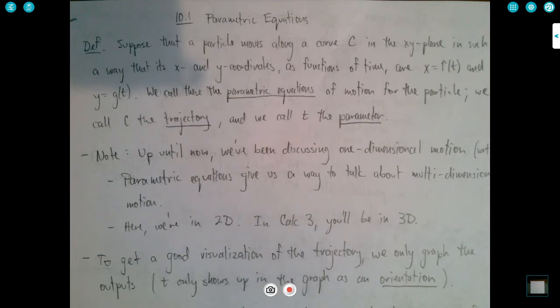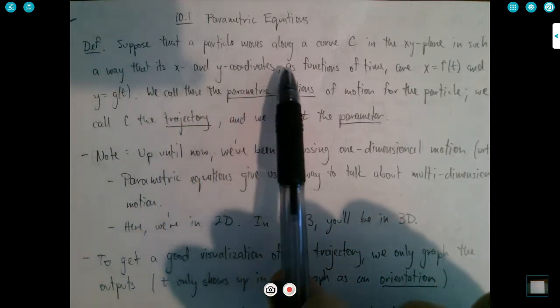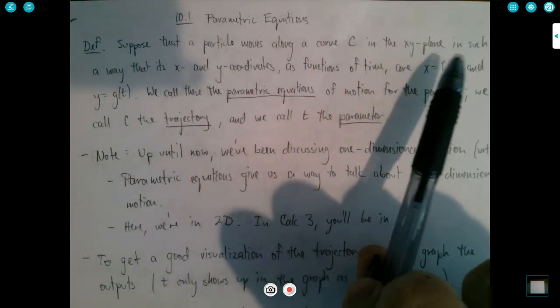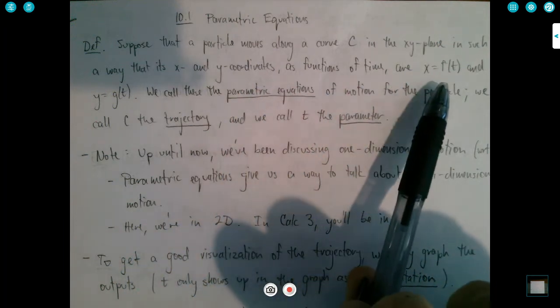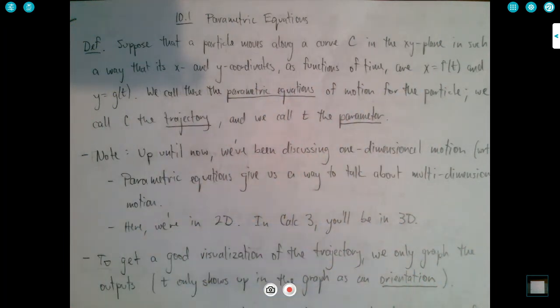But obviously, we live in a world where things move in 3 dimensions, right? And so we'd like to have a way to deal with that kind of situation, and the way that we deal with it is we use what are called parametric equations. So the idea is this. Suppose a particle moves along a curve C in the xy plane in such a way that its x and y coordinates as a function of time are x equals f of t and y equals g of t.